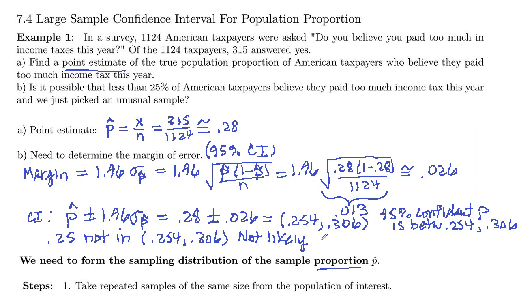There would only be a 5% chance that the population proportion would not be in that interval. So only 5% of the time does the interval that we generate not contain the population proportion.